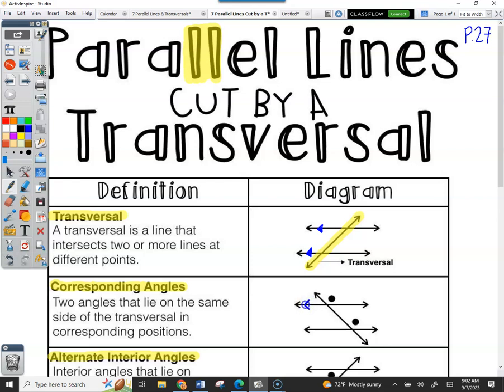So you're going to see either one. You're going to see the little triangles, or you're going to see the little V's. I tend to draw the V's because they're just faster to draw, but we will have a nice mix of both, okay? And that means, let's draw an arrow, that means those lines are parallel.